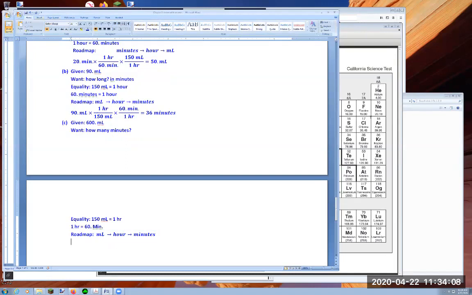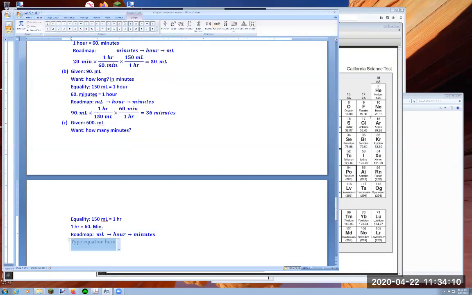If we start our calculation, always start with the given amount. And here, the given is 600 milliliters that you will multiply by the first conversion factor. Let me add the format for the second conversion factor. So we start with 600 milliliters. We have milliliters in the numerator, and we want to cancel that.